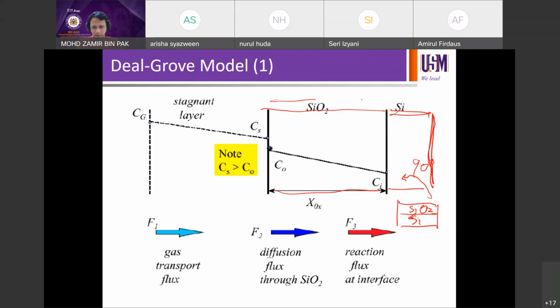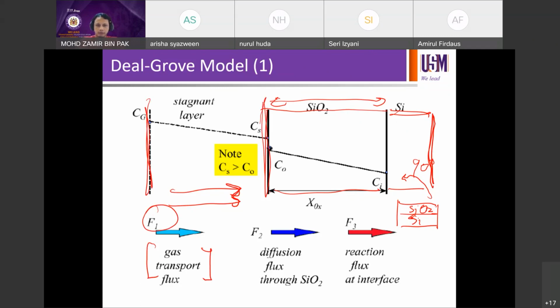So this is what you want to grow over time. And this is the gas flux coming in, the flux from the oxidant. So either it's O2 or H2O vapor, right? So F1, the first region, is the region of gas transport flux. This one is F1.